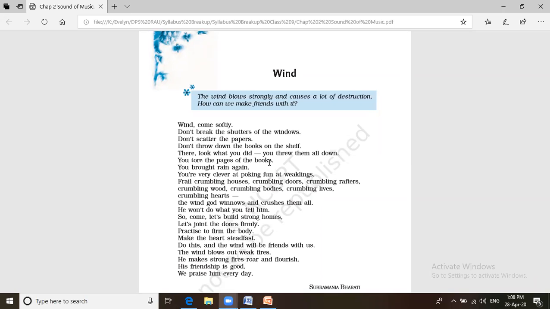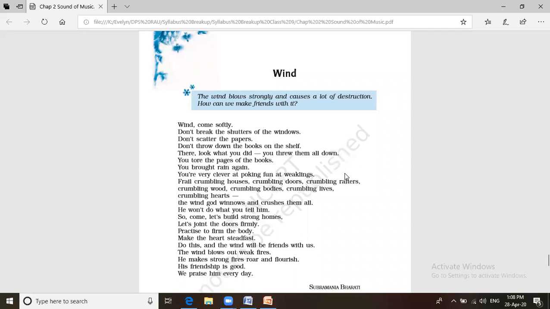Make it a habit, whether you are giving the answer orally or writing it down in your answer sheets or in your notebooks. This is the way you have to answer. Secondly, Raghav, you've also given the explanation correctly. Now only one thing was missing here, that the poet is addressing the wind as if it were a child.